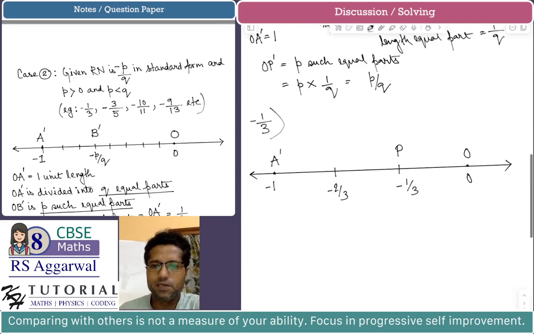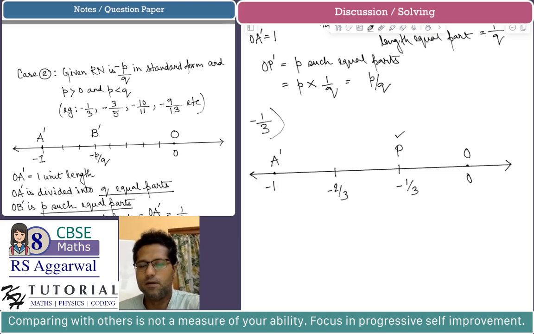So in this case p is 1, so we will take 1 equal part. So P will represent the point of the marking which is at distance 1 equal part, and 1 equal part in this case is 1 by 3. So this point P is representing the rational number minus 1 by 3.